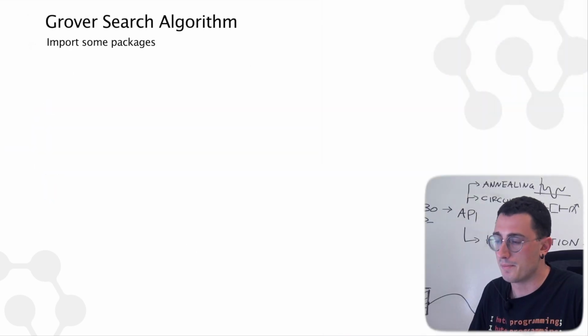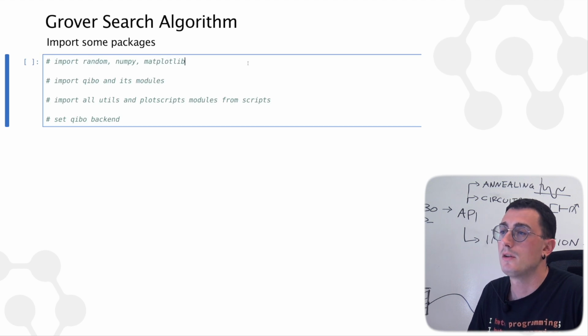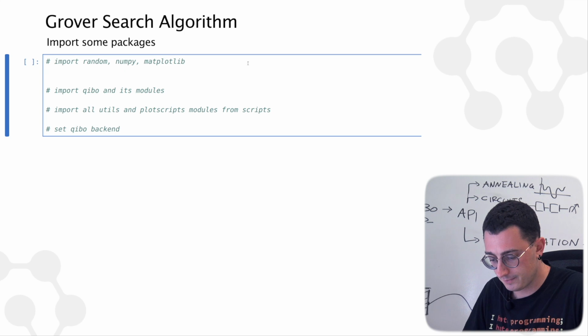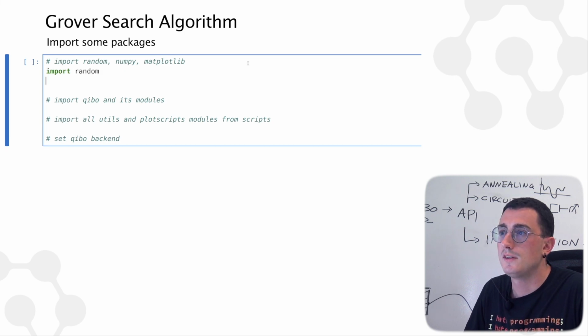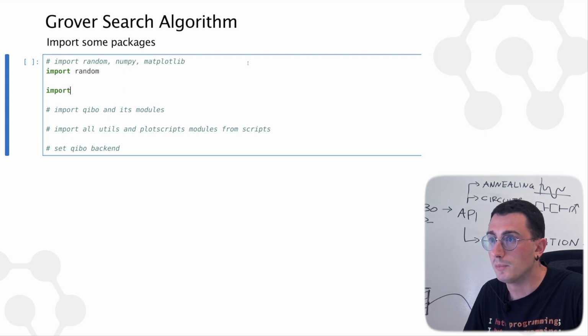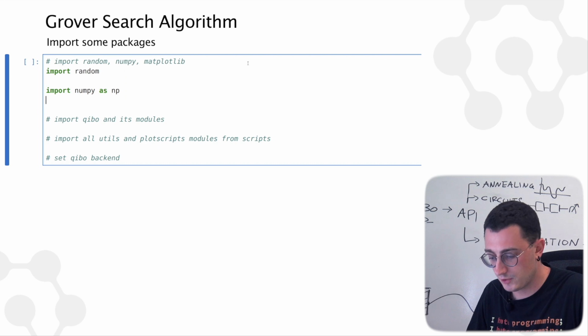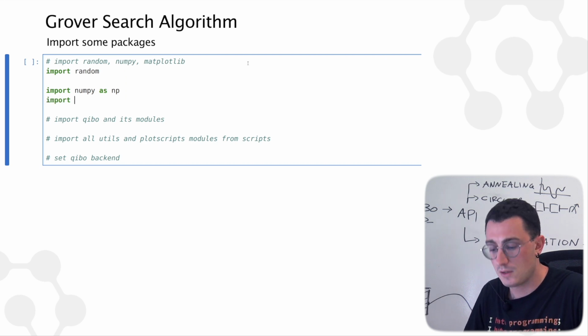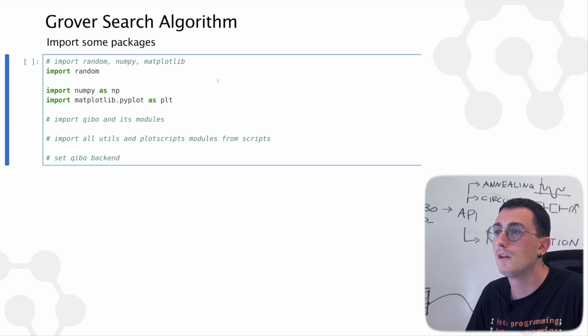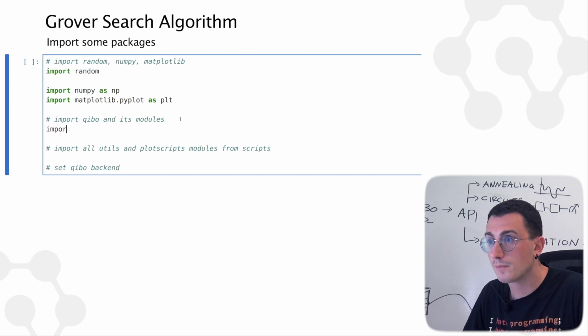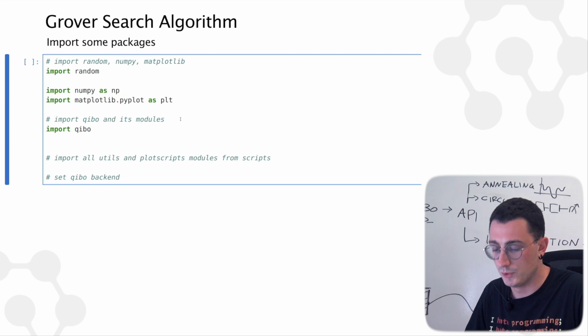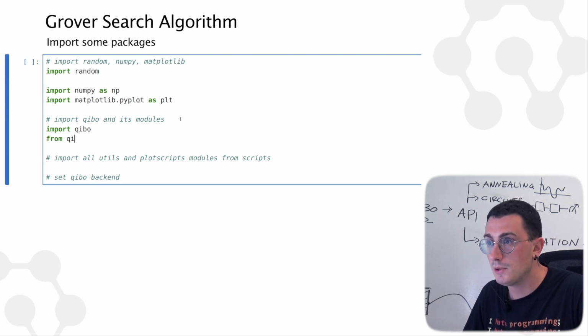Let me start by importing some packages. We are going to import random, which is a package that can be used to generate random numbers. Then we import NumPy, that you already know: import numpy as np. And then we import also matplotlib, which is a graphical package that we can use to make some plots: import matplotlib.pyplot as plt. Then we can import Qibo, and we can also import from Qibo some modules and classes: from qibo import Circuit, gates.